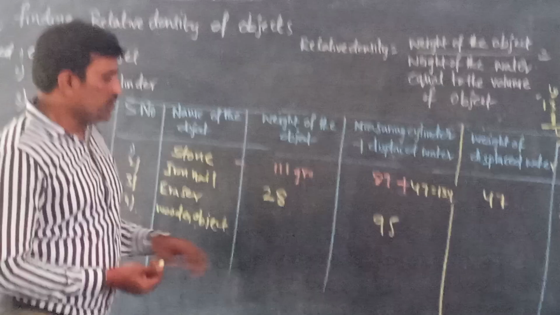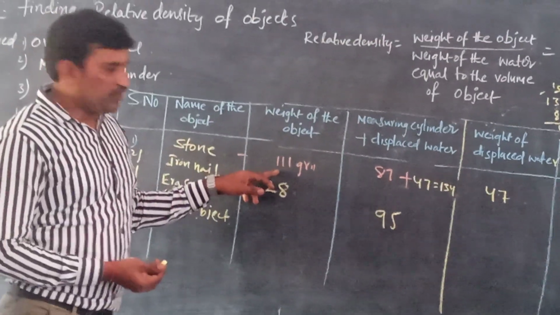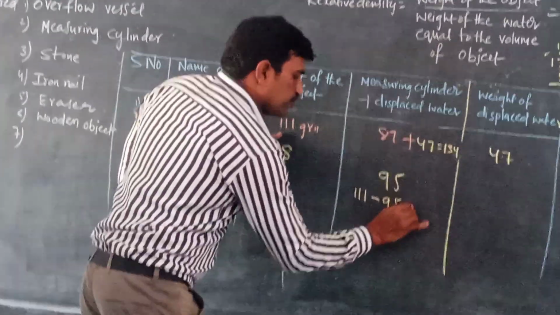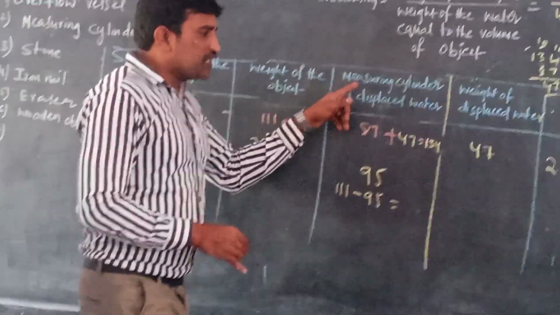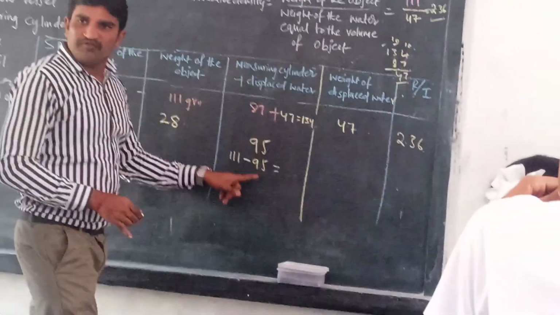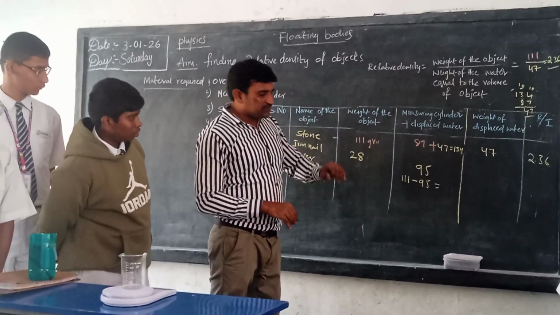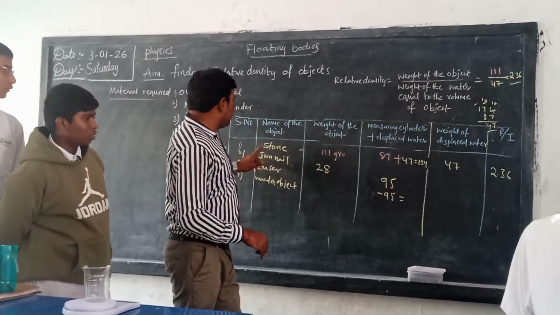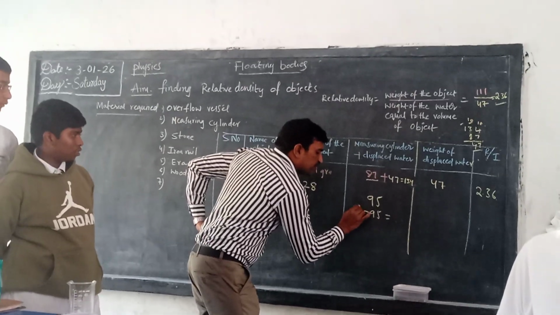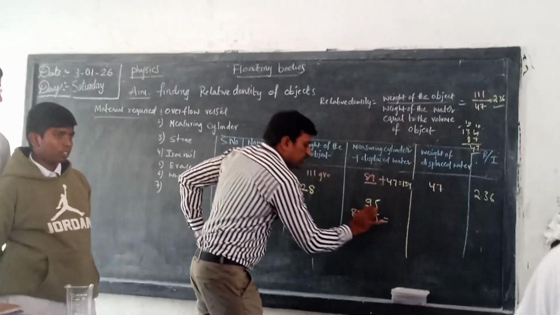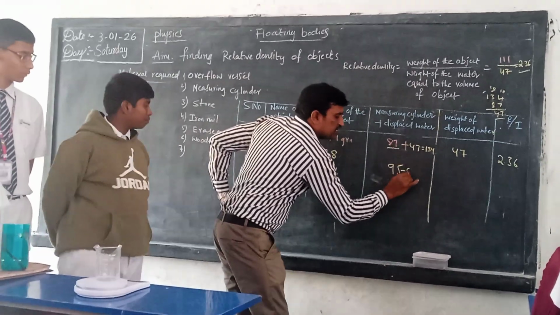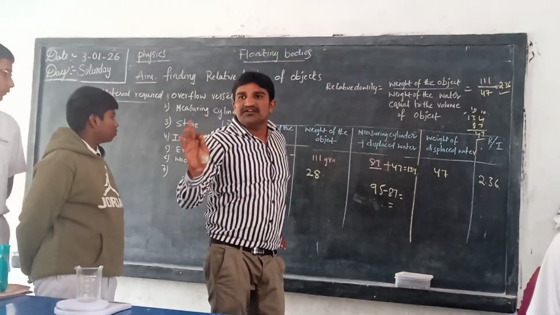We know the measuring cylinder weight is 87.